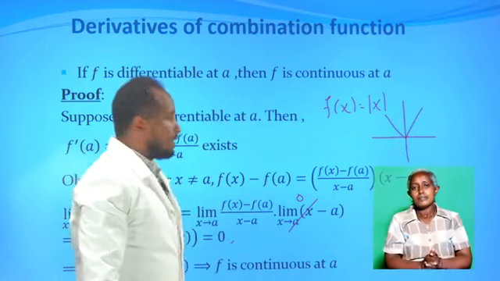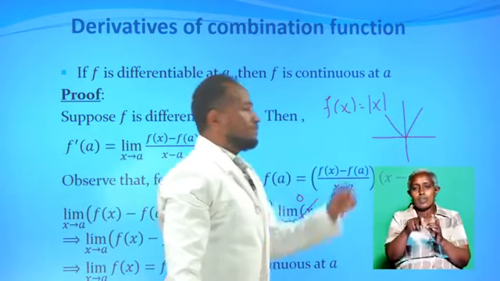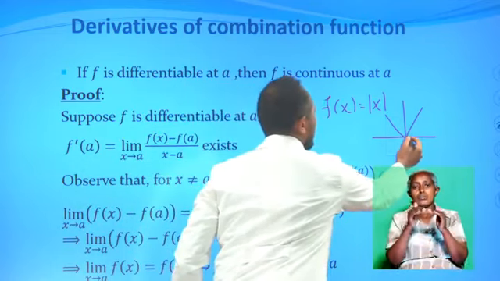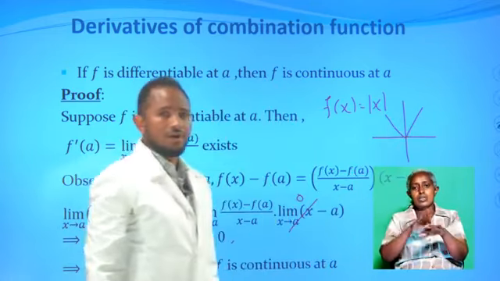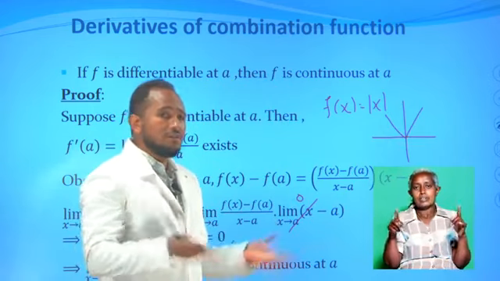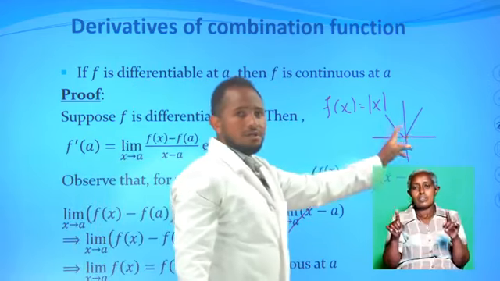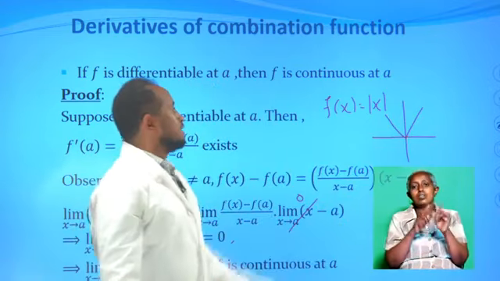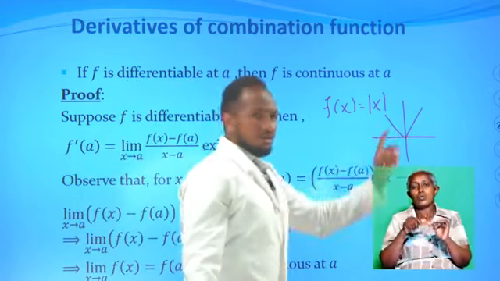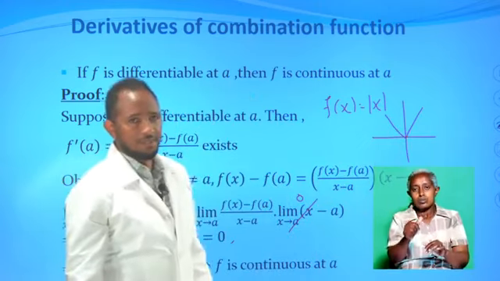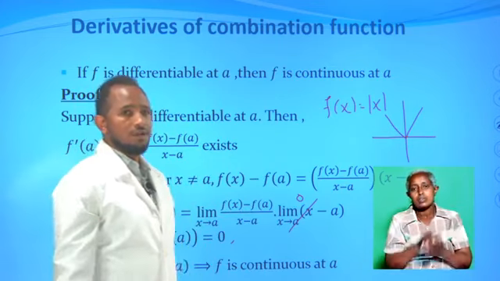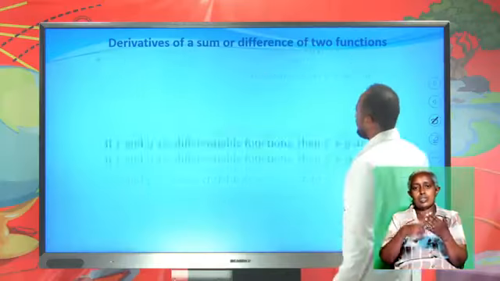F of x equal to absolute value of x is continuous at x equal to 0. But it's not differentiable at this point, since the graph has a sharp corner. Therefore, continuity does not imply differentiability, but differentiability implies continuity. So this is it. Now let's continue to the next part.